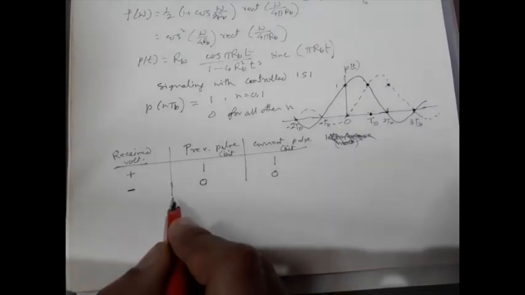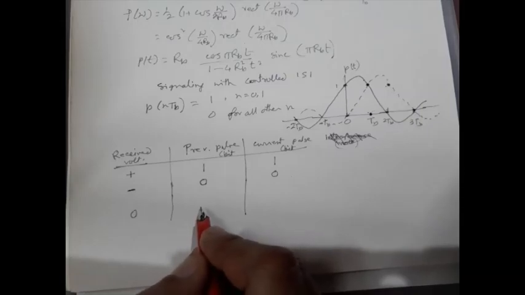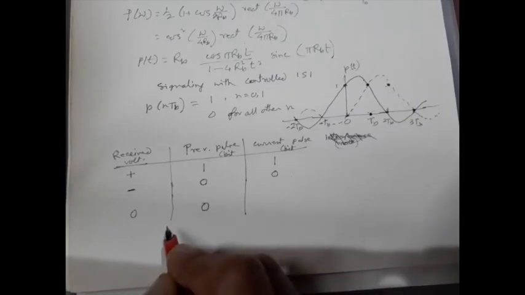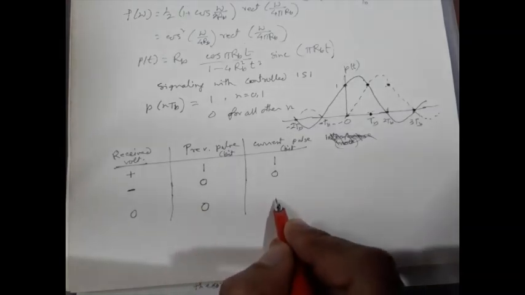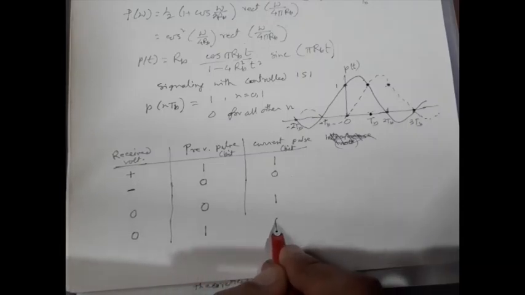Now if the sample value is 0, then we have two different conditions. If the previous bit was 0, then the current bit will be 1, just reverse. Similarly, if the previous bit was 1, then the current bit will be 0.